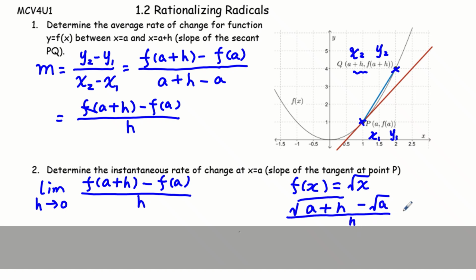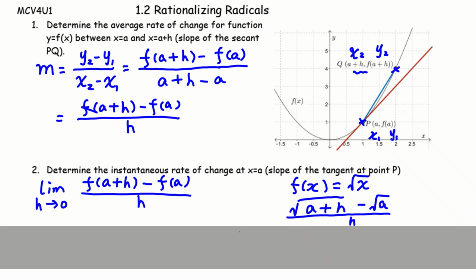In order to find the limit of this one, we want to use rationalizing radicals to rationalize the numerator, then we are able to cancel the h out. Then once the denominator is not 0, we could find the limit. The next lesson we are going to focus on finding the limits. So, this lesson we are going to prepare for finding the limits.